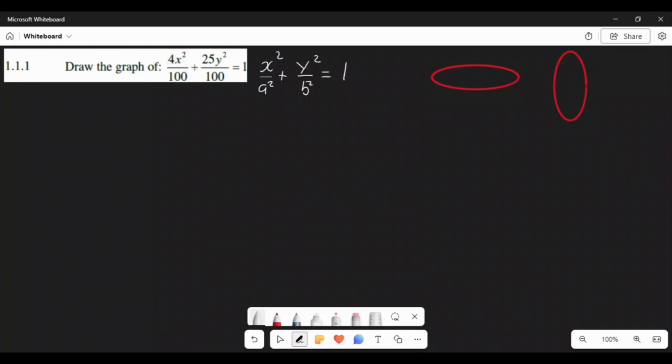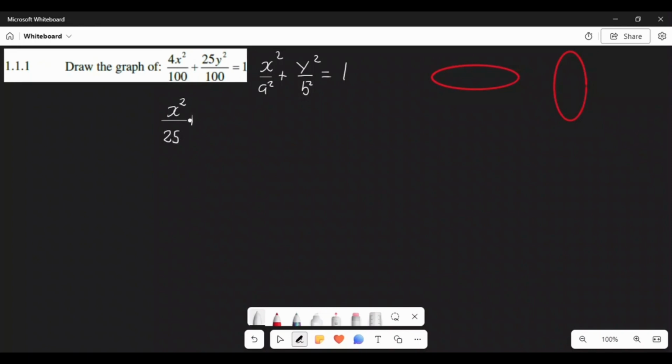As you can see, the one that is given to us here still has coefficients on x and y. So you need to get rid of these coefficients in order to draw this graph. What's nice is that we can simplify this. 4 divided by 4, we're left with x squared, and on the denominator, 100 divided by 4 gives us 25.